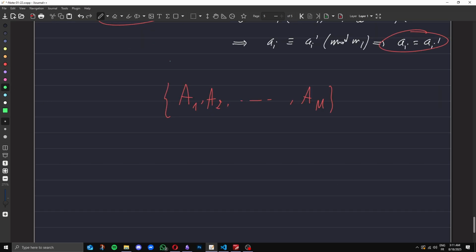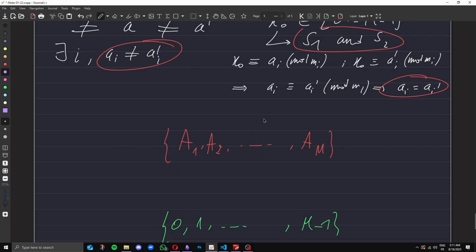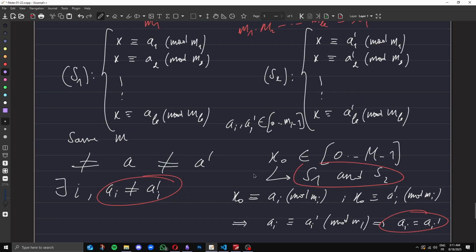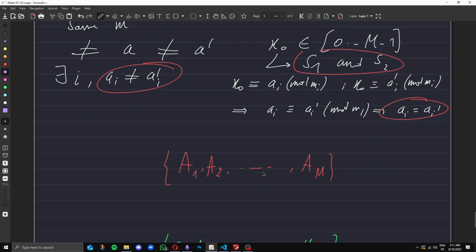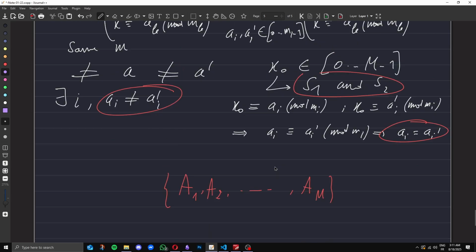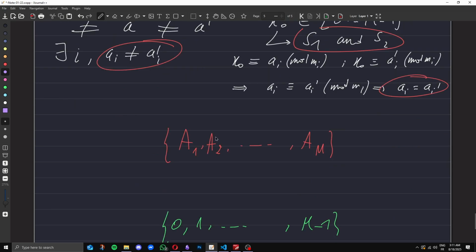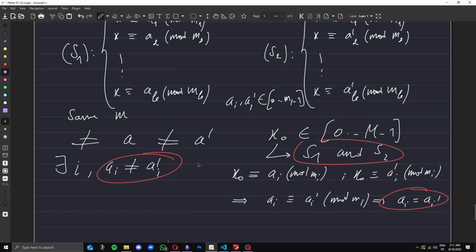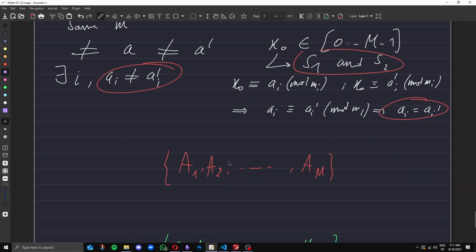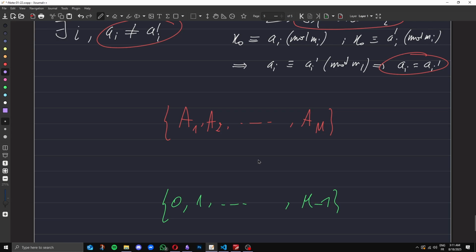And now let's write the possible solutions here, which are going to be 0, 1 until m minus 1. So again, same cardinality, m. Now, imagine these combinations as the possible systems that we're going to have. So all of the systems will have the same fixed moduli, okay? But each system will have a remainder sequence ai. And each system will have a unique solution, right?